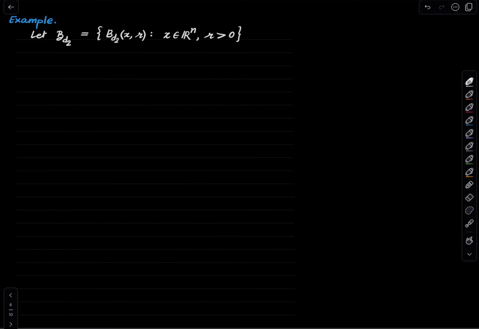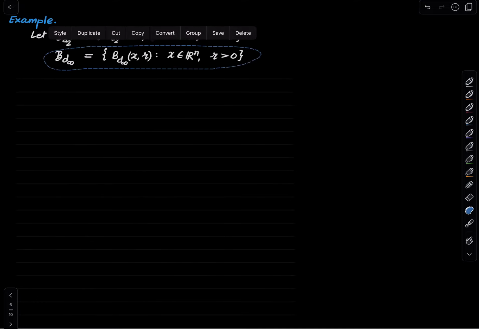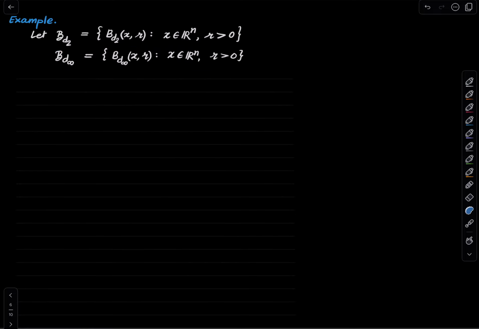Collect all those balls. Then we know that this is a basis on Rn, and we can also collect the same thing for the infinity distance. And we know both of them are bases on Rn. So what we are going to show is that both of these bases generate the same topology. That's very interesting.